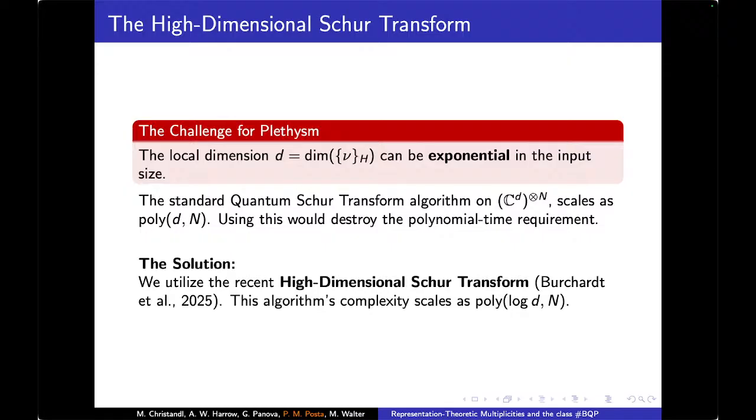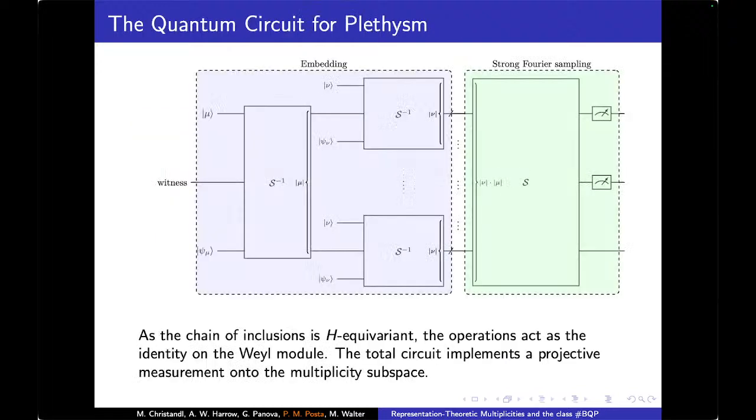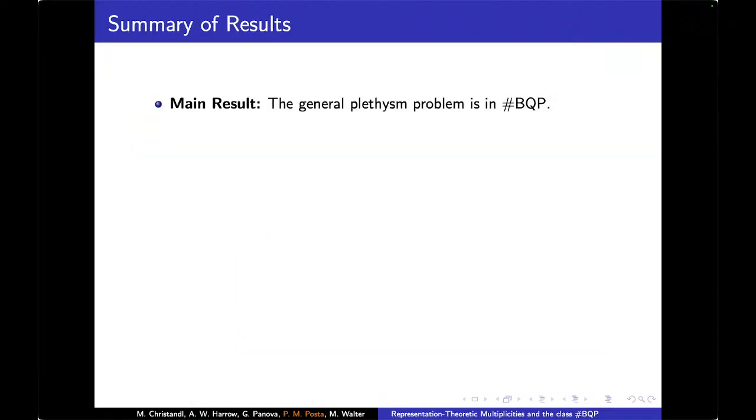And in fact, they managed to get it down to polylog D, which is exactly what we need, because for the first step in this circuit, for this inverse Schur transform here, the local dimensions are in fact exponential in the input sizes, and the inputs are just the partitions, I guess.